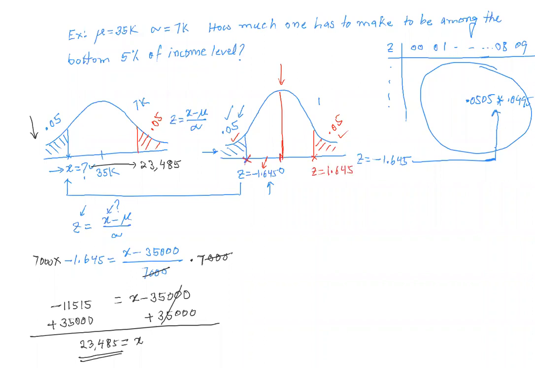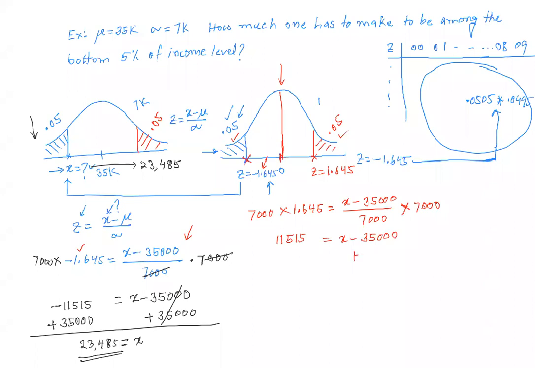So you could do the exact same thing, but instead of using negative, you're going to do 1.645 is equal to x minus 35,000 divided by 7,000. If you do the math exactly the way I did it here, multiply both sides by 7,000, you're going to get 11,515 is equal to x minus 35,000.